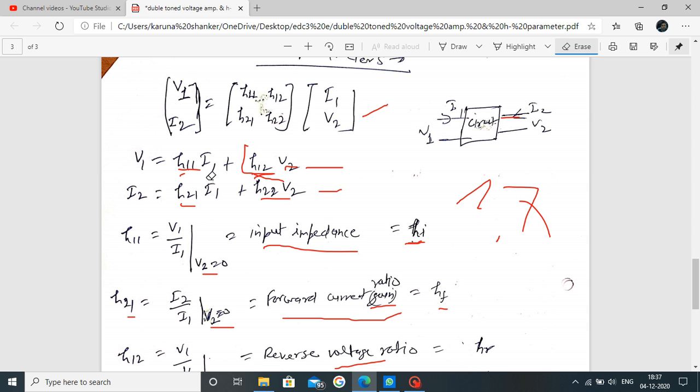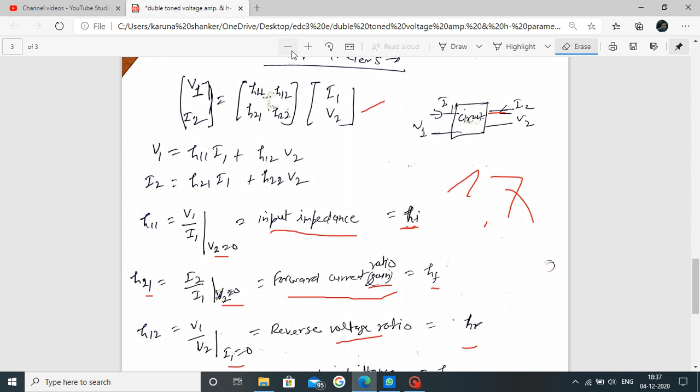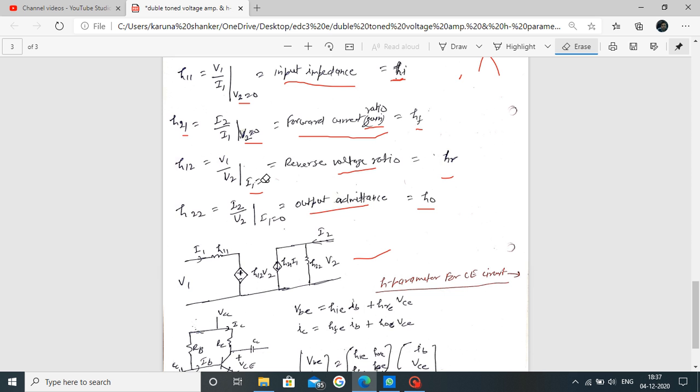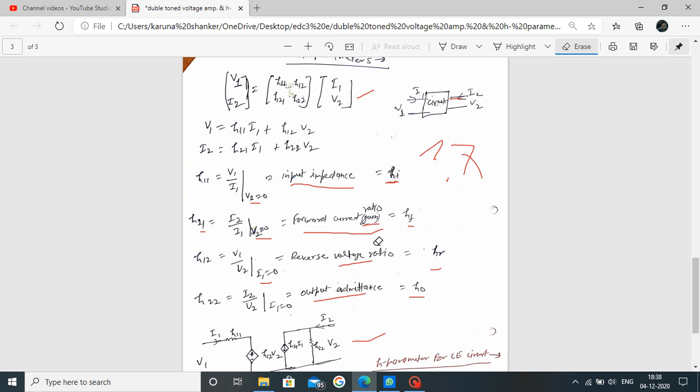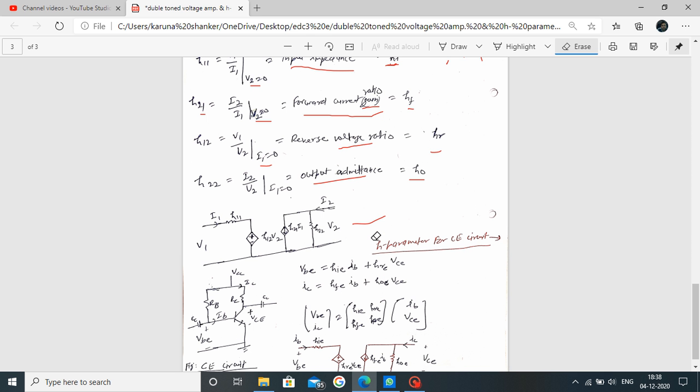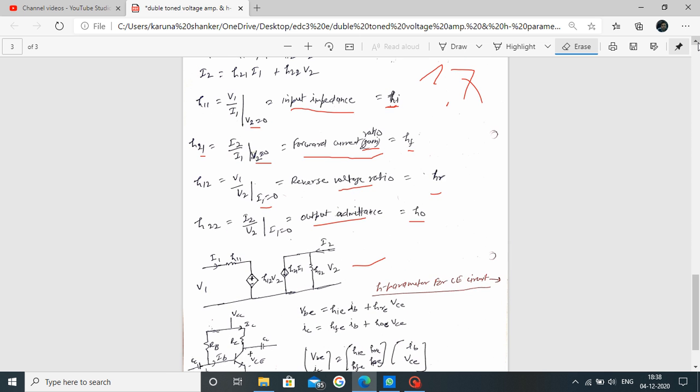By using these two equations we can draw the equivalent circuit. How can we draw it? To observe this, first we set up the equations.